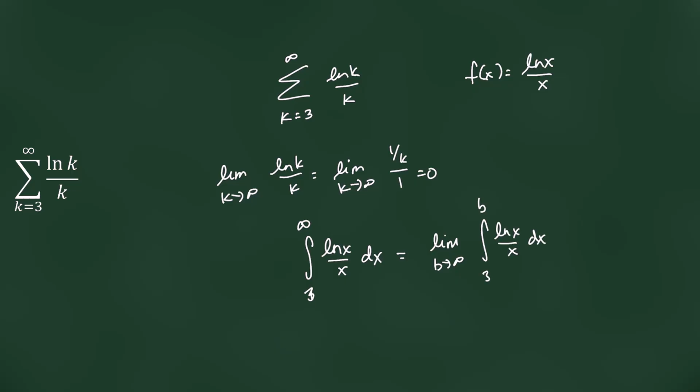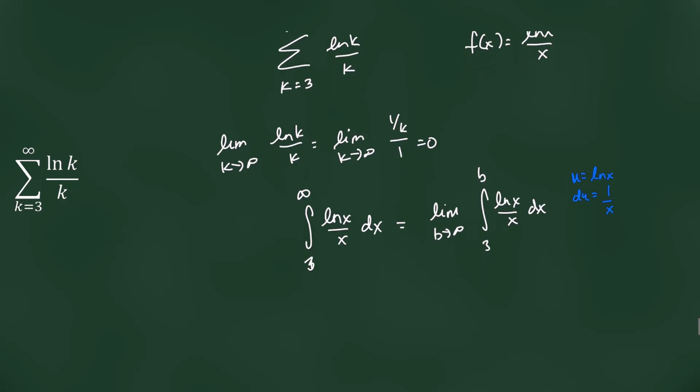But of course, a straightforward substitution, u is ln x, du is 1 over x, gives us that this is the integral now from the natural log of 3 to the natural log of b of u du. I forgot to write my limit out here, so I will put it out here. The limit as b goes to infinity of that.